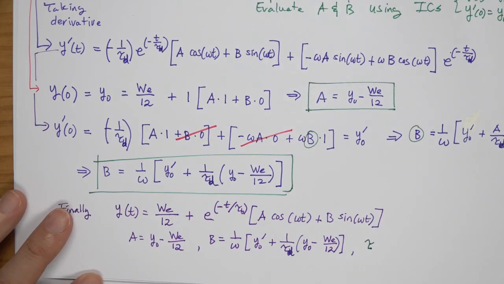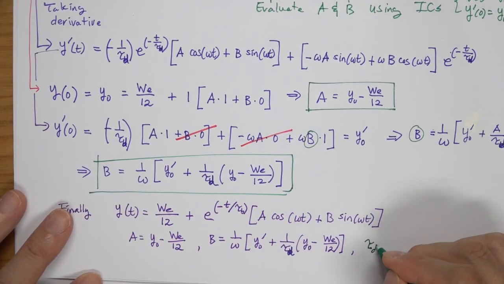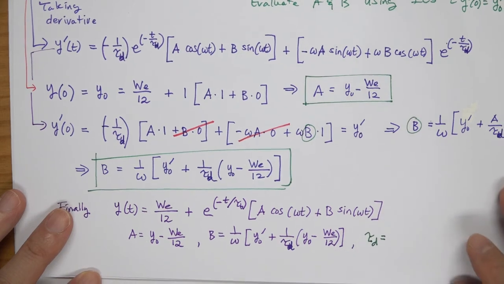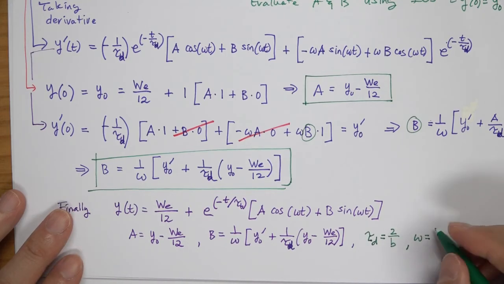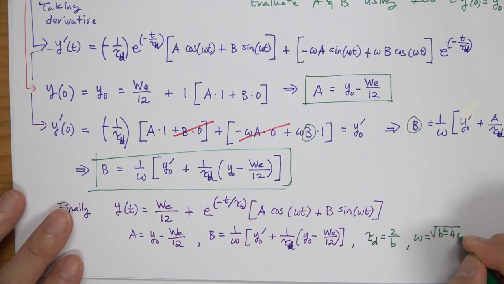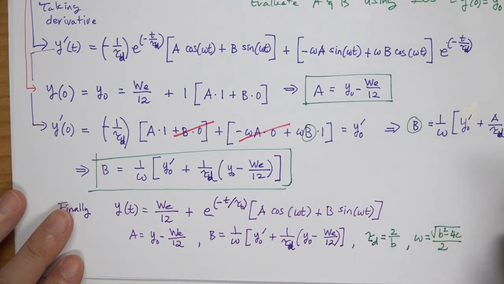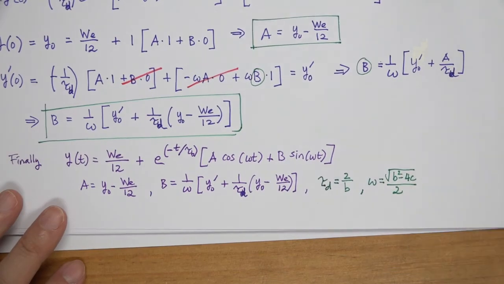If I do, then this d will be 2 over b, and omega is square root of b square minus c. Now what else?